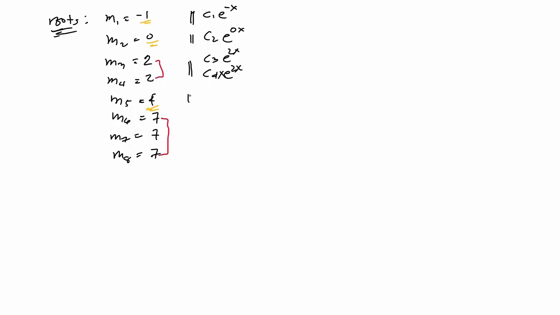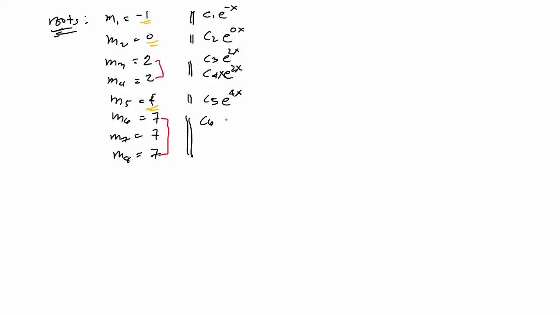In this term, we have a distinct root, so we have c sub 5 e to the 4x, and then for these last repeated roots, we have c sub 6. You just continue the numbering of your arbitrary constants.